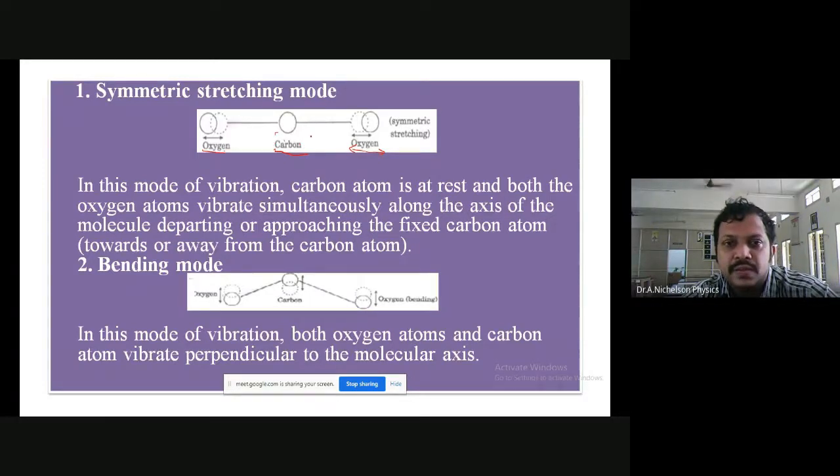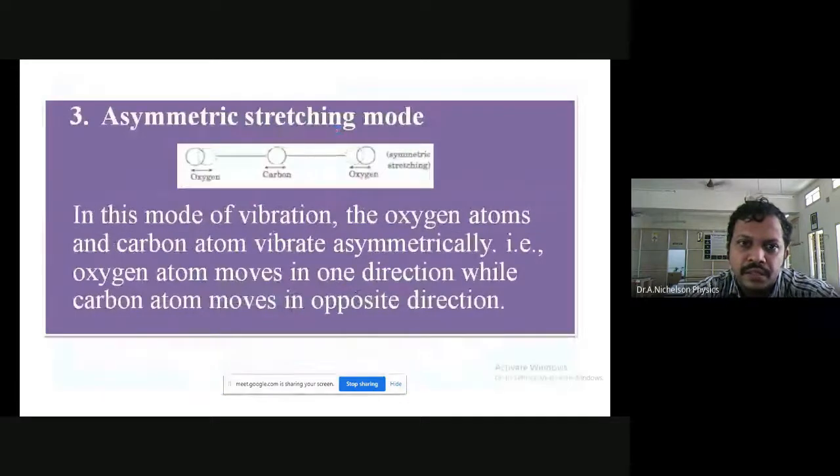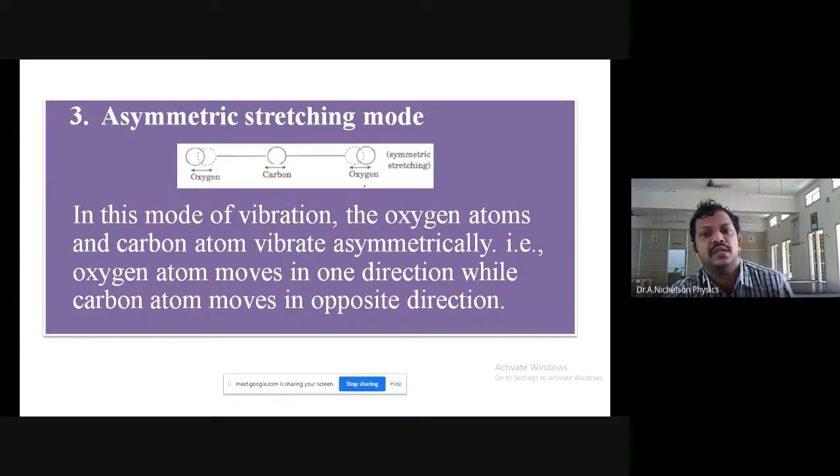Let me explain. So here, carbon is fixed, both oxygen atoms are vibrating. Now here you can see the carbon is also vibrating along with the oxygen. Okay, so that's why it is said to be the asymmetric stretching mode. So this is the diagram for asymmetric stretching mode. So that is asymmetrically vibrating.